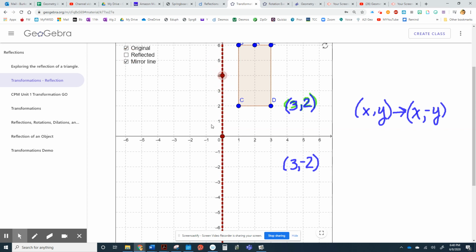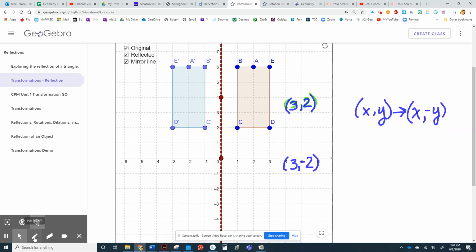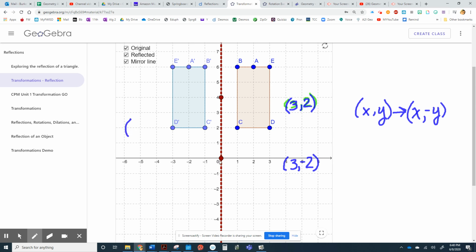I've got to get my line really straight. And then you can reflect it, and it's going to show you that D was at 3 comma 2, and then after we reflected it over the y-axis, it became negative 3 comma 2.